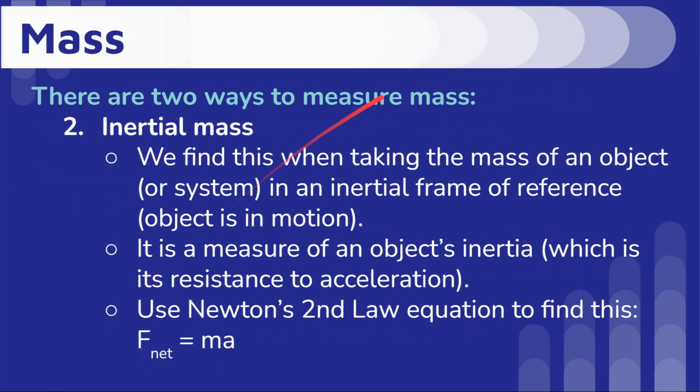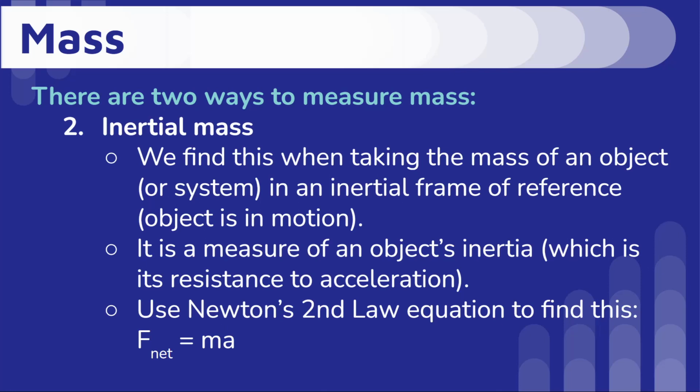The other way is inertial mass, and we find this when we're taking the mass of an object or system in an inertial frame of reference, especially if you're talking about something that's in motion. It's a measure of an object's inertia. And we talked about inertia in our forces unit.